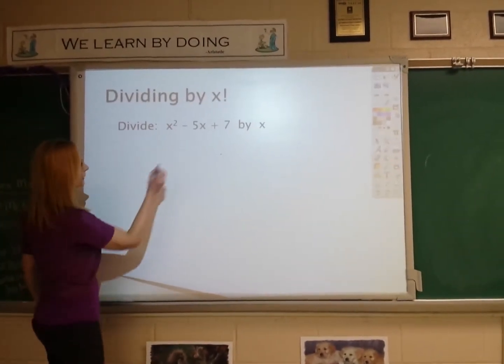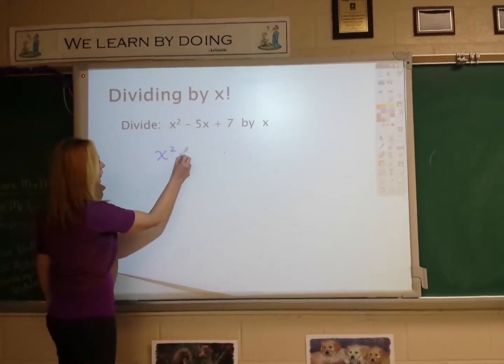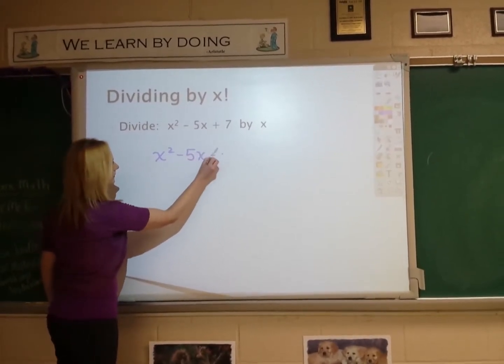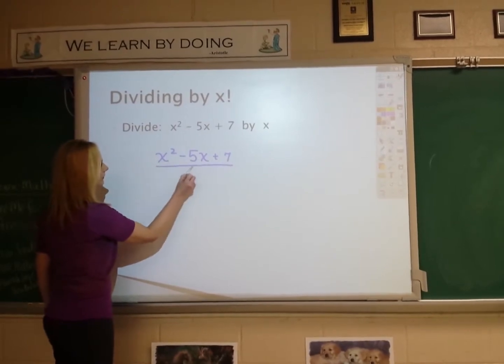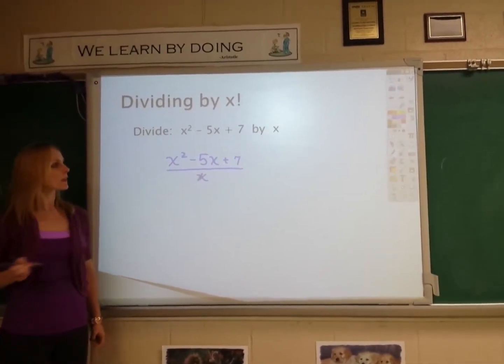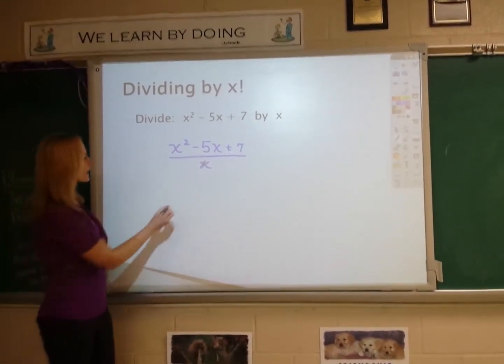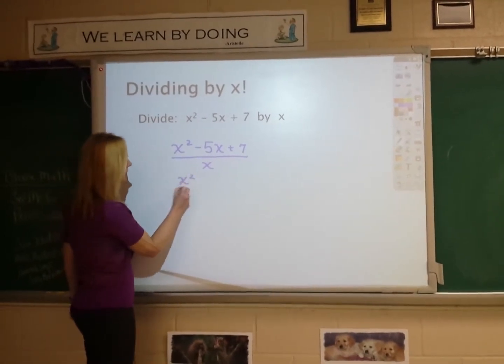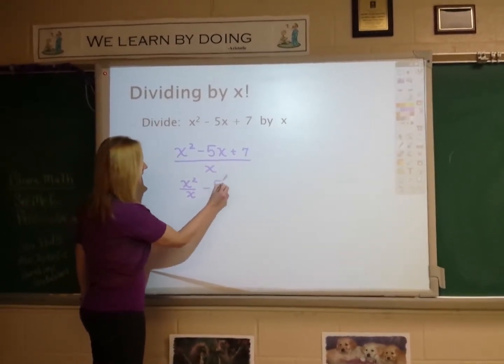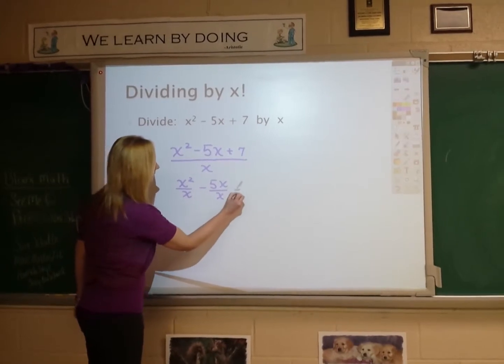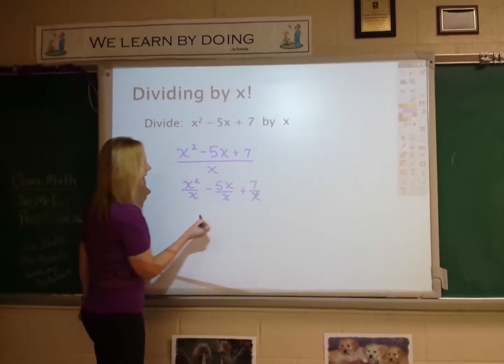Alright, with a problem like this, you just want to take each of your terms, x squared minus 5x plus 7 divided by x, and divide each of them by x like this, and then simplify.